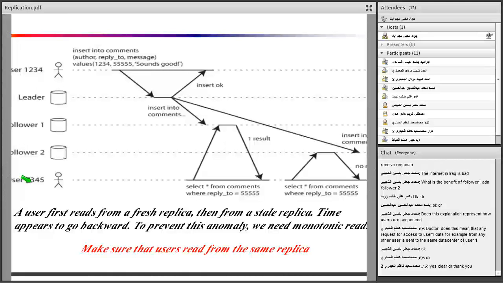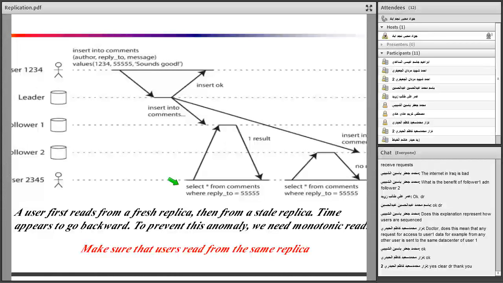Another user, 2345, wants to get the latest information and read this data record.